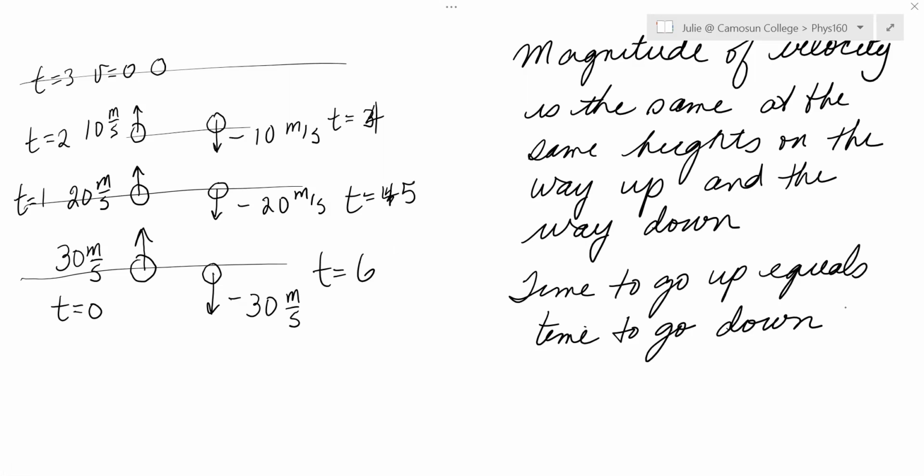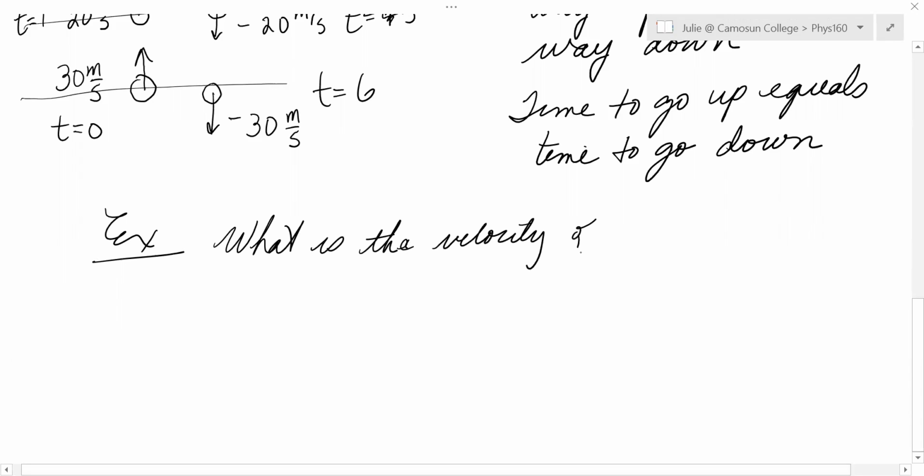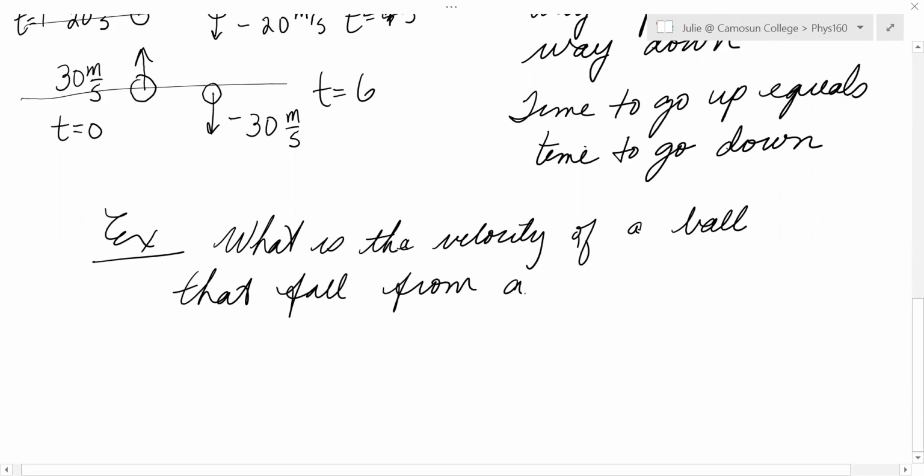Okay, so let's do an example. Let's do an example of, what is the velocity of a ball that falls from a 3-meter high roof, just before it hits the ground?